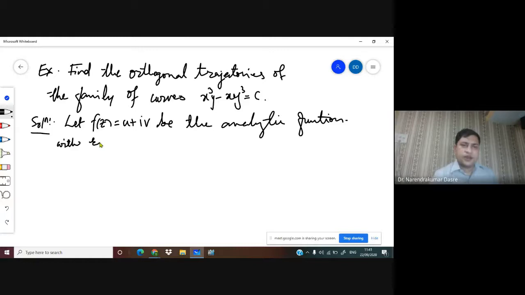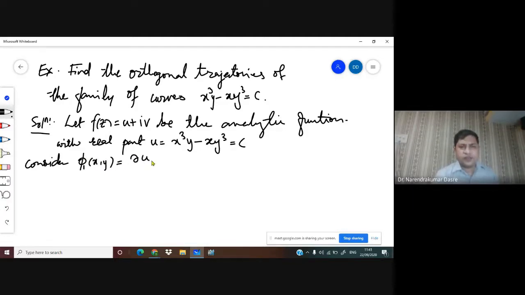I'll consider this as the real part, u is equal to x cube y minus x y cube is equal to c, where c is going to be constant. Now, as we have to use the Milne-Thompson method, the first step we have completed. Consider the second step, where we are considering a real part.